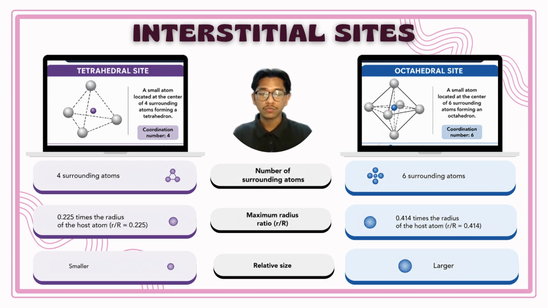The size of the octahedral site is larger compared to the tetrahedral site because the maximum radius of the octahedral site is 0.414 times the radius of the host atom. Meanwhile, for the tetrahedral site it is 0.225 times the radius of the host atom.